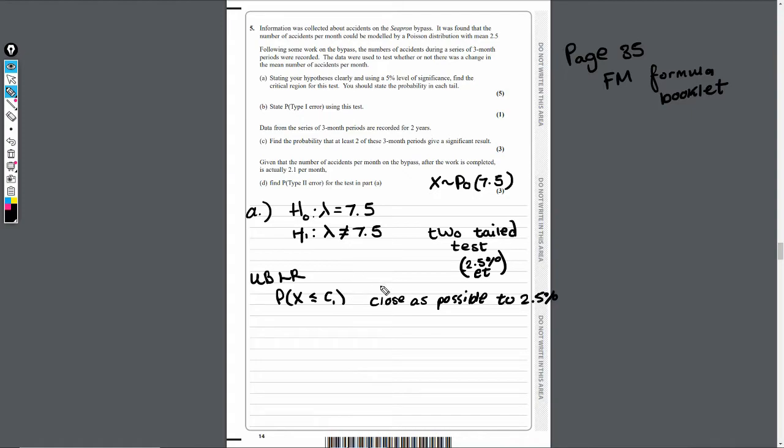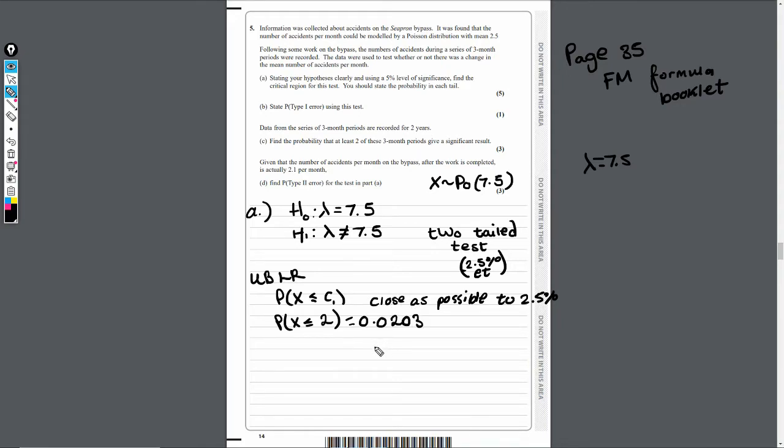So how do I work out this C1 value? Well, all you've got to do is use the tables in the formula books. If you go to page 35, make sure you're looking across at lambda equals 7.5, because that's our model. And then you're going to go down and you want it to be as close to 2.5%. Well, the closest one there is when the probability for X is less than or equal to 2, okay? Because the value here for 2 is 0.0203.